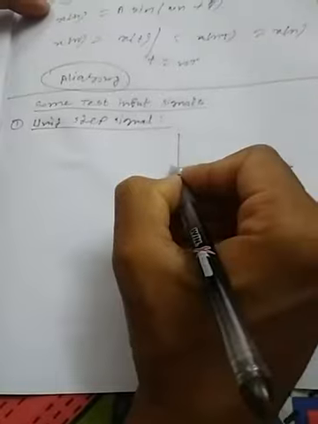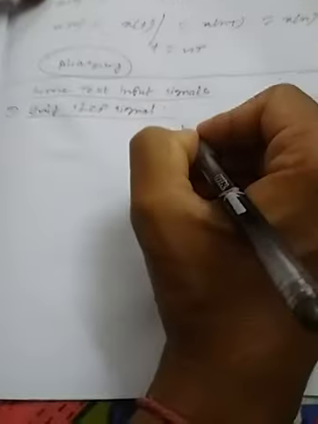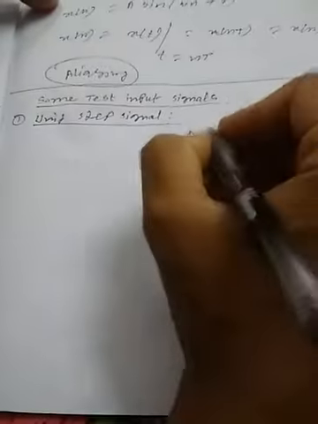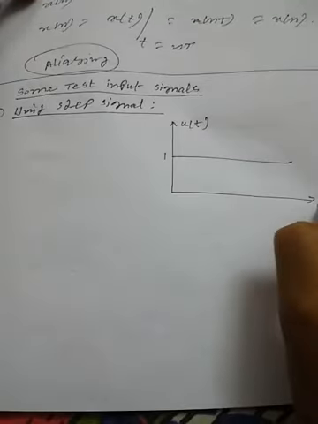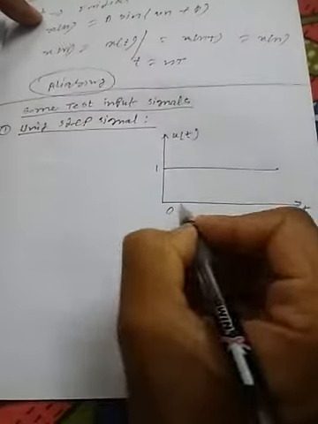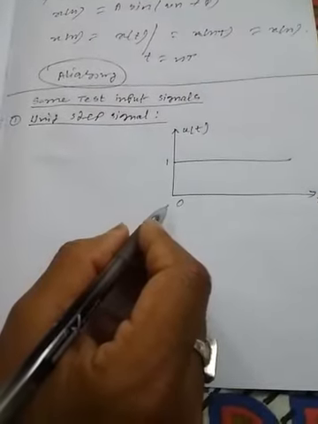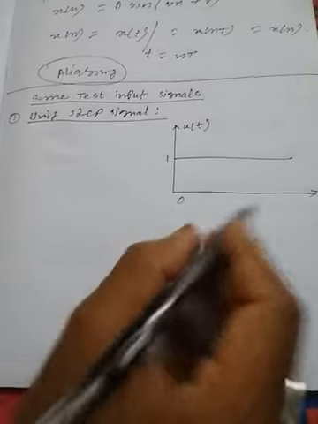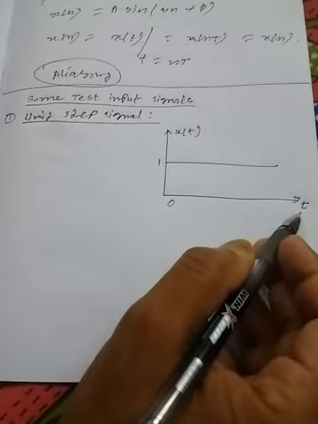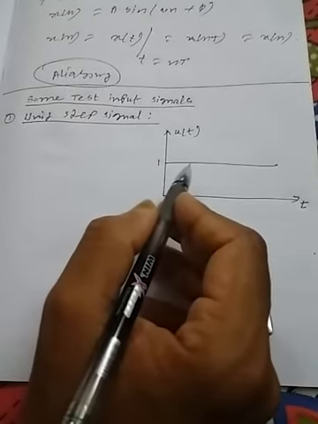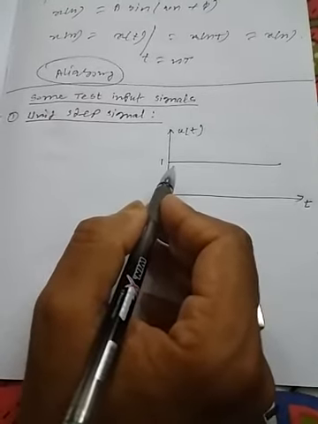The magnitude of this signal is 1, and the unit step signal is represented by u(t). Here is the time axis t, and it starts from time t equal to 0 and goes up to infinity. The magnitude remains the same, that is 1.